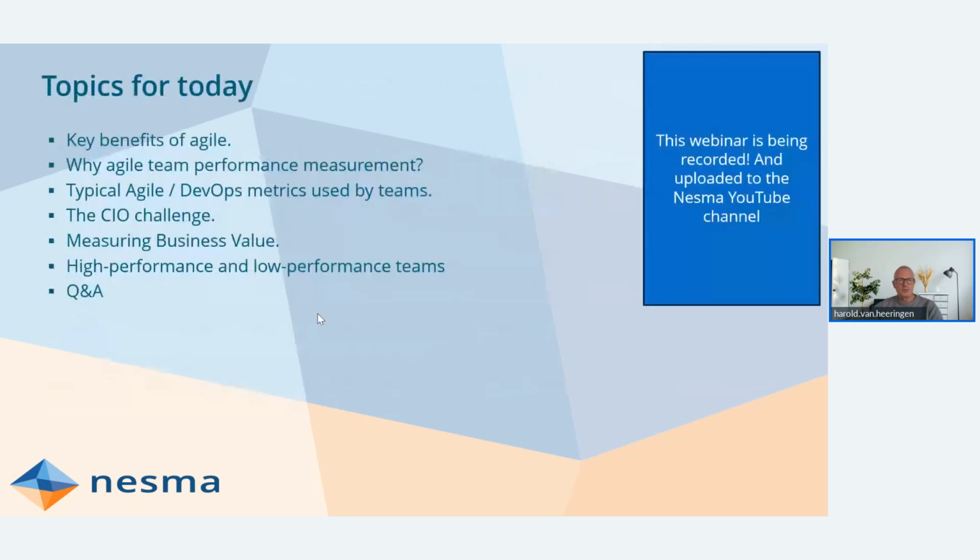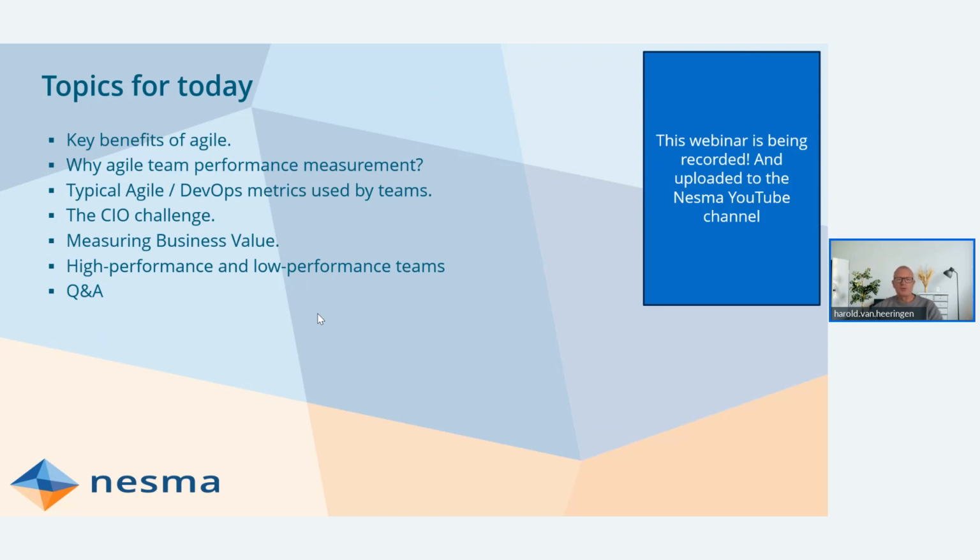Okay, I covered this one. So topics for today. We're going to look at Agile Team Performance Measurement. And we're going to take a look at a couple of Agile DevOps metrics that are used by a lot of teams. Those will probably be very familiar. But then we also zoom out a bit from the team level to the more corporate level, to look at the challenges that CIOs have, especially when it comes to Agile teams, and how you can measure business value and how we at NESMA promote that.